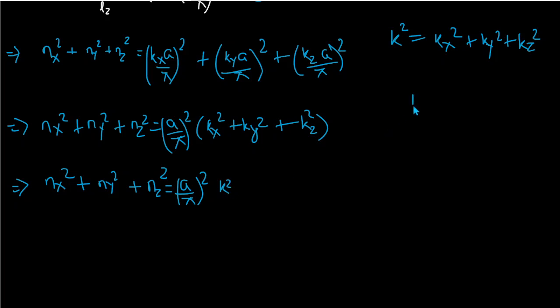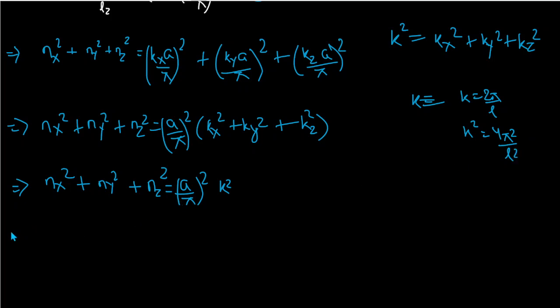And if you remember what k is, k is equal to 2 pi divided by lambda. So k square can be written as 4 pi square upon lambda square.